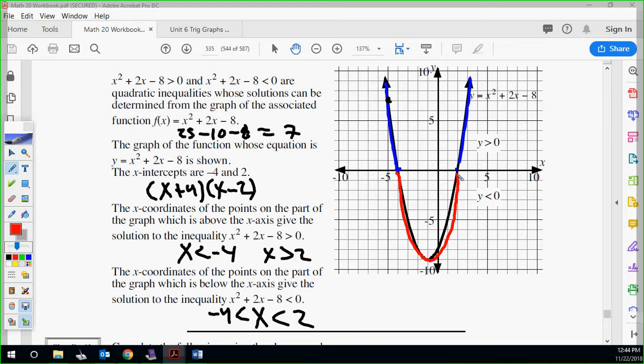So that bottom one means x greater than -4 and less than 2. So between, that's putting you between here. Okay. Anything else? Okay, we'll do the next one.